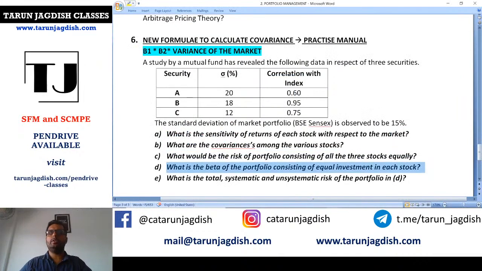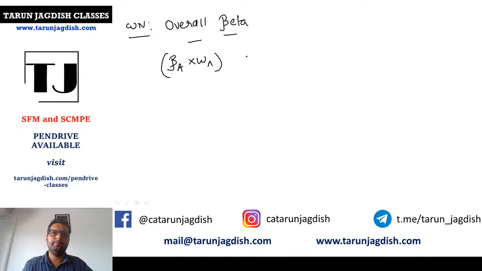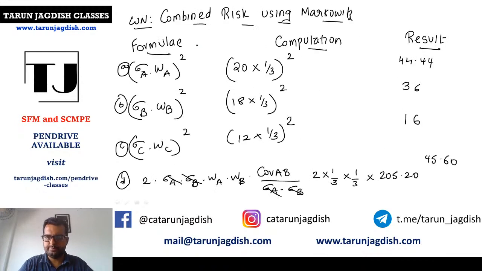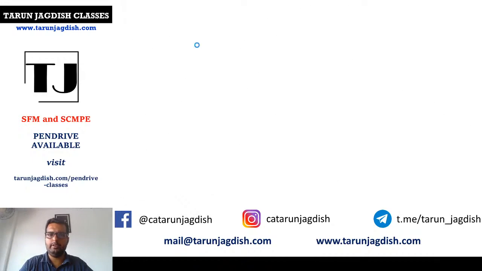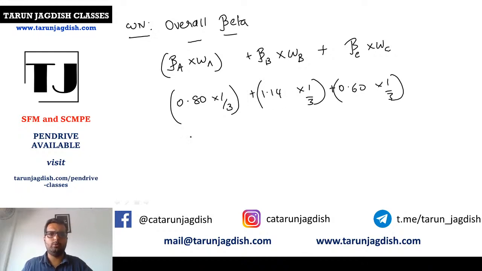Next, they are asking beta of the portfolio consisting of equal investments in each stock. So the next working note, they are asking for the overall beta. That is very simple. Beta of A into weight of A plus beta of B into weight of B plus beta of C into weight of C. So here the answer would be, what are the betas? 0.8, 1.14 and 0.6 into 1 by 3 plus this into 1 by 3 plus this into 1 by 3.